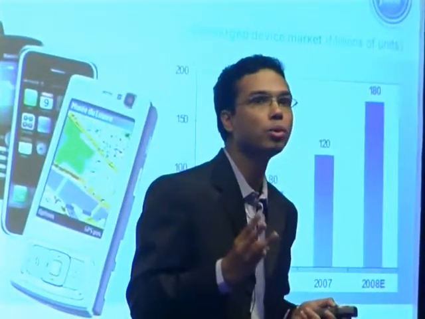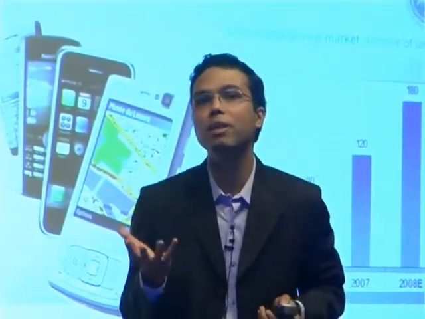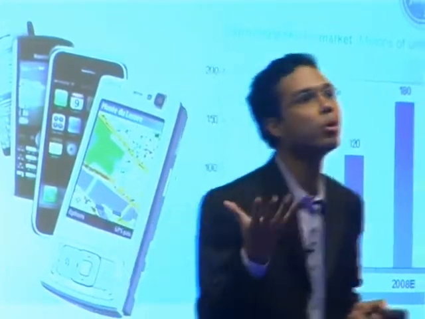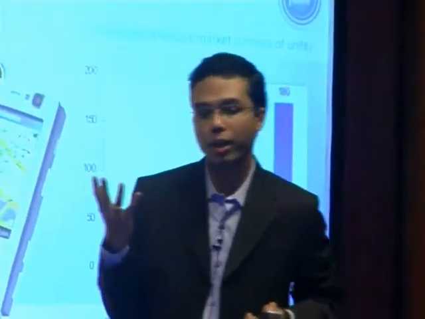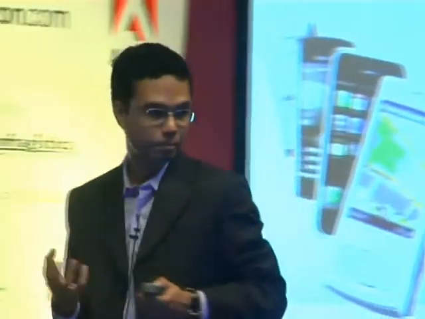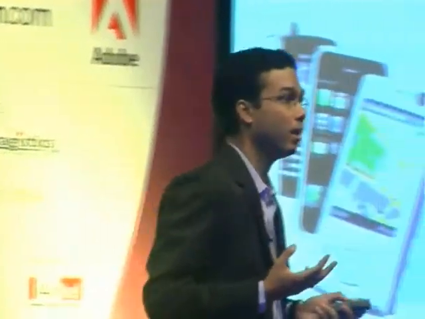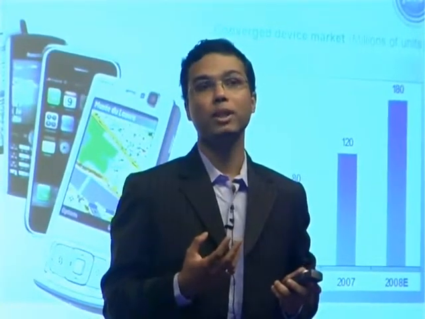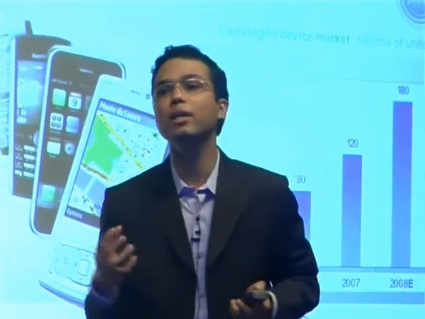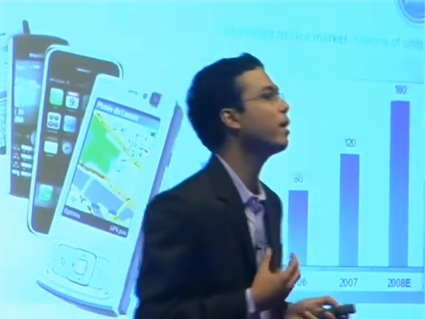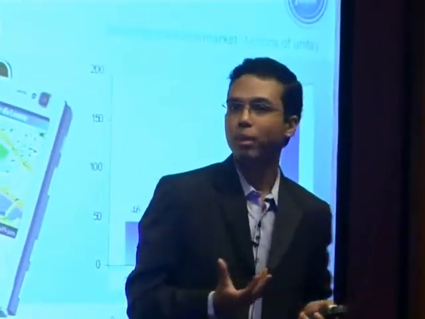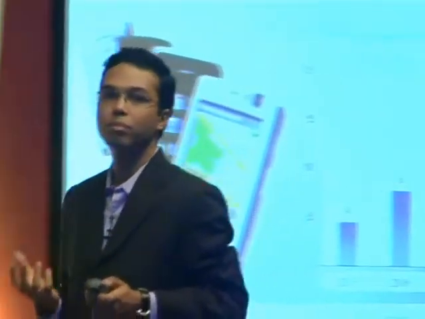So now you know that converged devices will be the future. You will have more and more converged devices. Okay. Having said all this, it's a mobile Java presentation. Why are you talking about all this? So you must be wondering, as the capability of the devices has been improving rapidly, has mobile Java kept pace with this kind of improvement? Yes, it has kept pace.